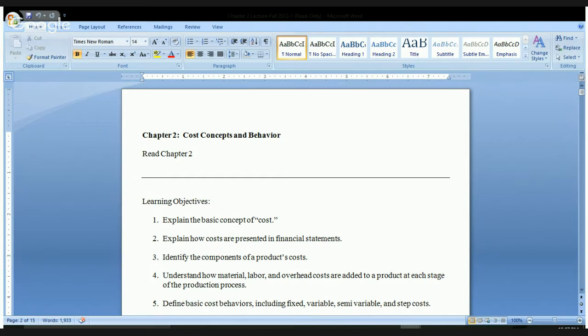We have actual costs, and those are the costs that you incurred, the history. Whereas we also have budgeted costs, and those are what you're predicting to spend. Costs are measured as a monetary amount paid to acquire goods or services. So whenever we're talking about costs, we're really relating it to money and how much did we spend.